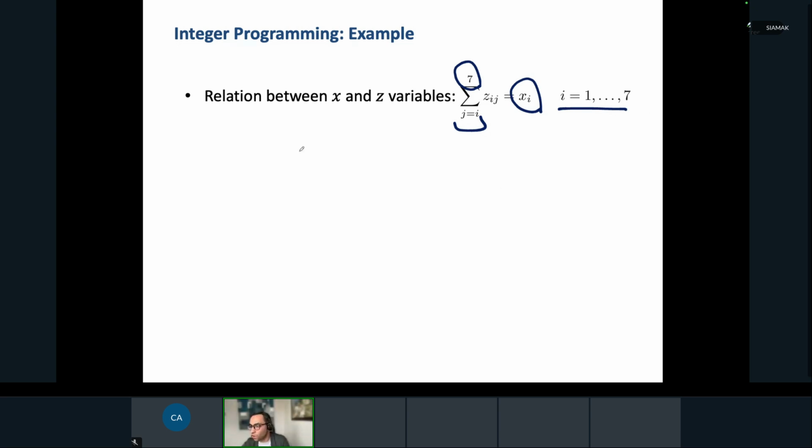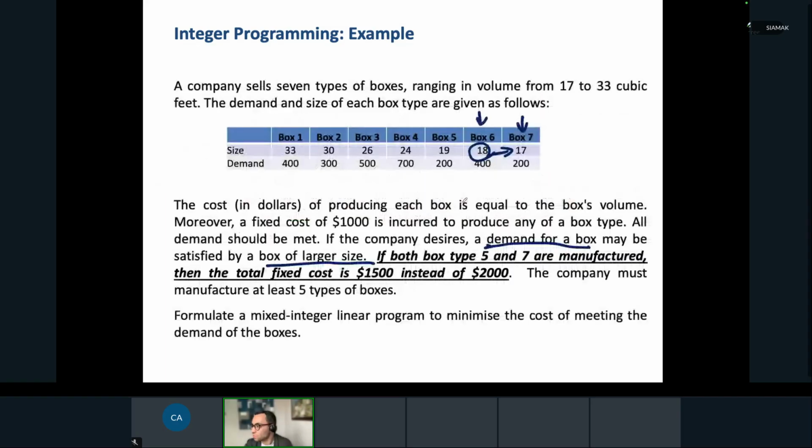So let's start from I equal to 1. The right-hand side is x1. You want to write a constraint for this. It says that you can satisfy demand of a box by a larger one. So if you're talking about box 1, which box types can be satisfied by box 1? All of them. You can satisfy demand of box 1 by box 1, box 2 by box 1, box 3 by box 1, and so on.